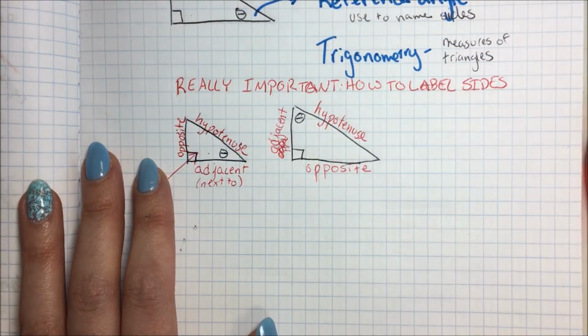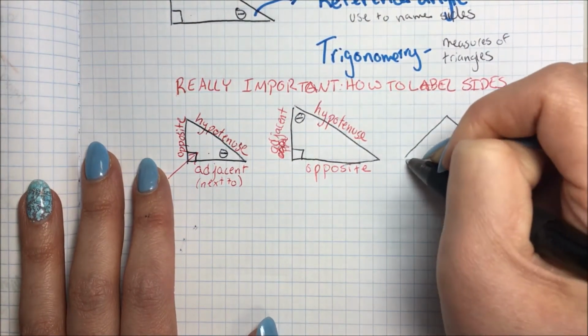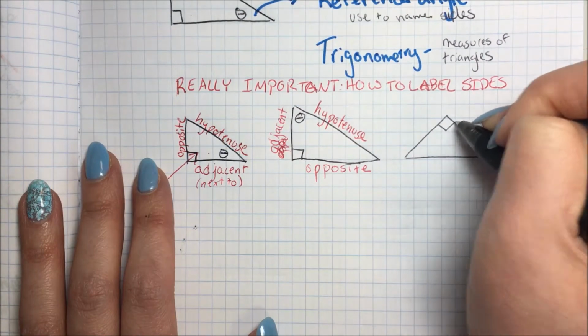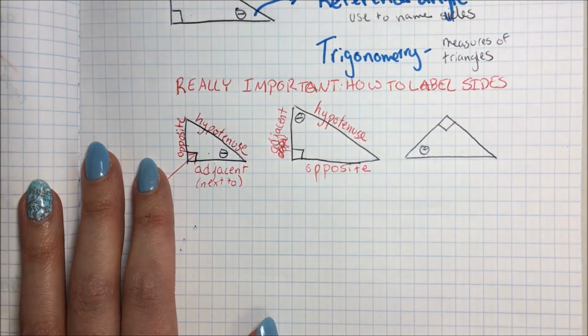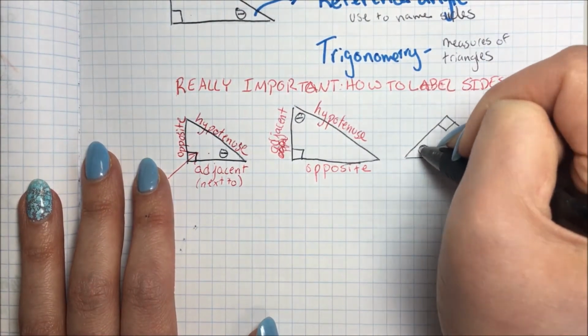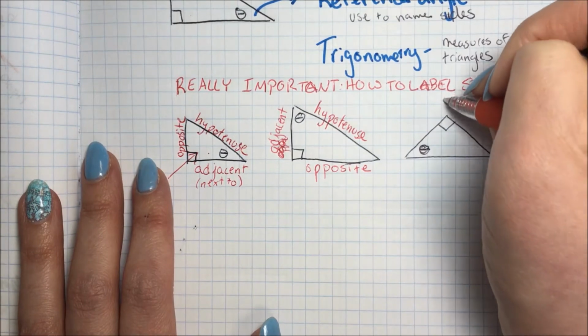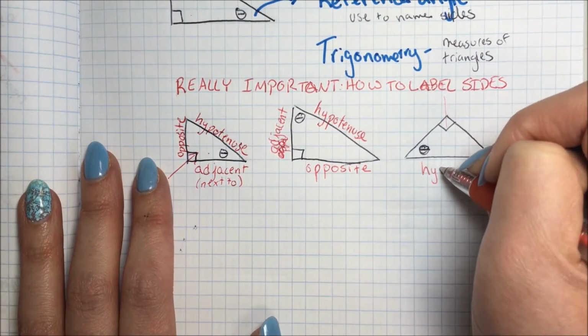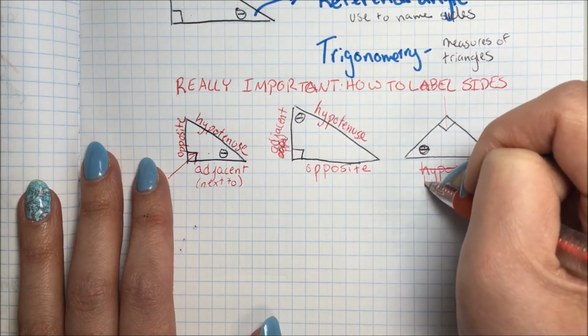And I can even turn the triangle in another way. Say that angle right there is my reference angle, and I'm using theta to denote both the reference angle and an unknown angle. The hypotenuse is still across from the right angle. God, I spelled that wrong.